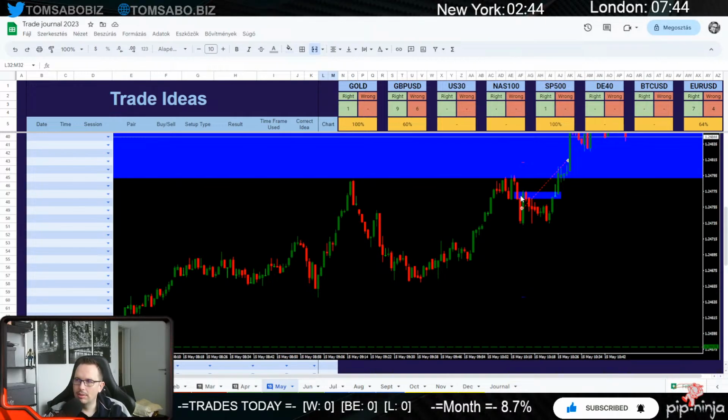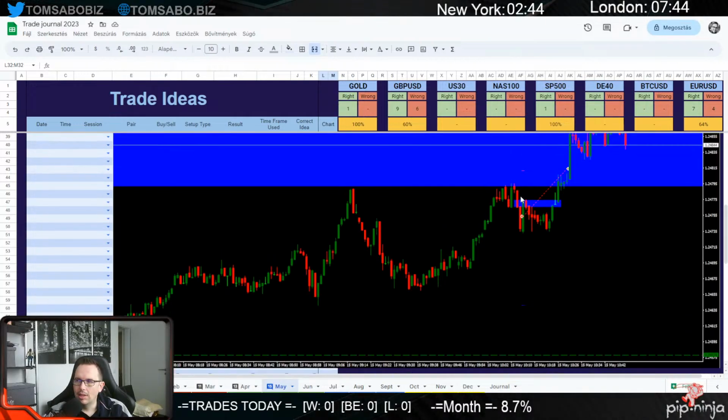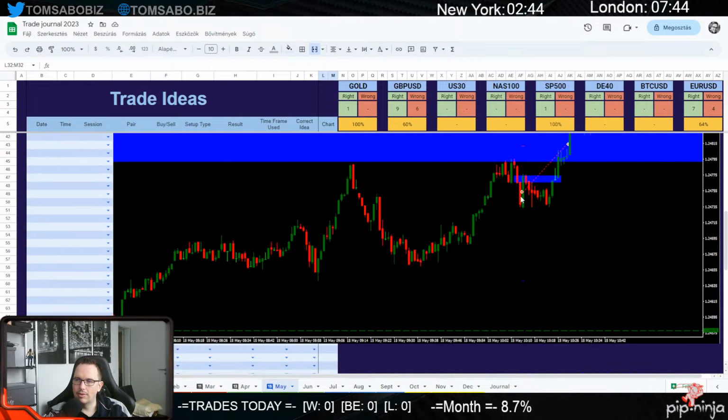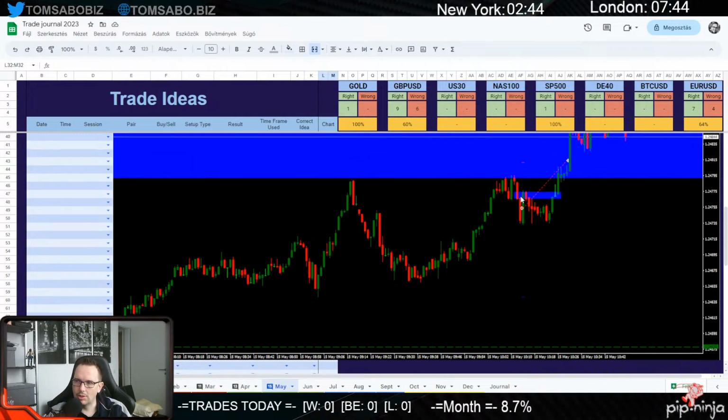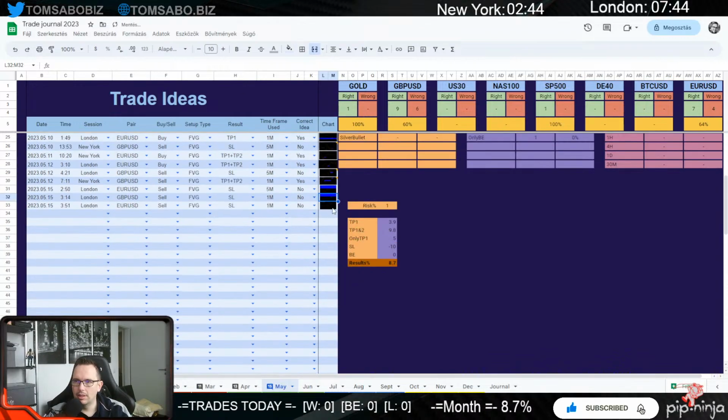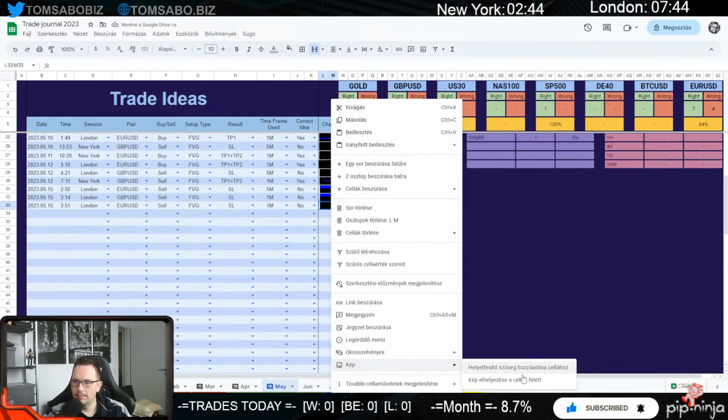Maybe it was too early. I don't know. I wanted to see a continuation to the downside. I still do. I'm still overall bearish on the big picture. So then I tried to force the next trade as well.